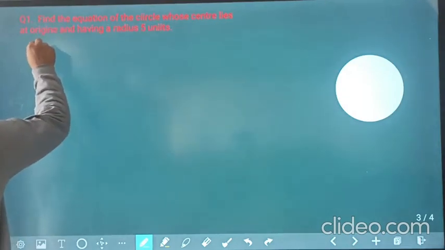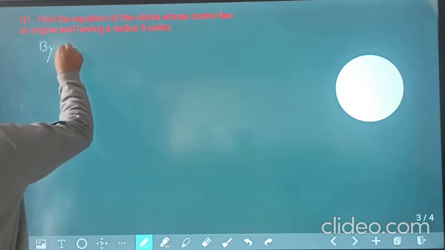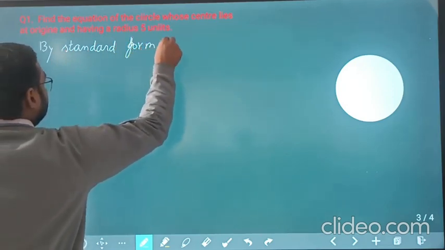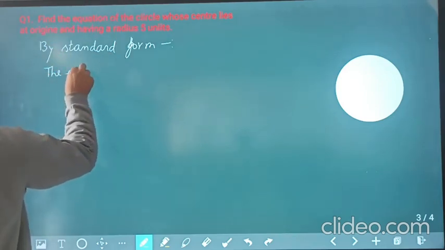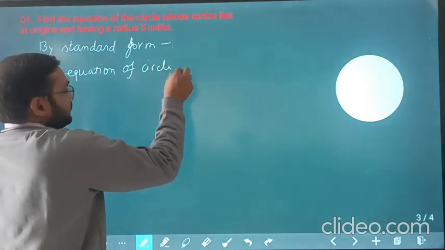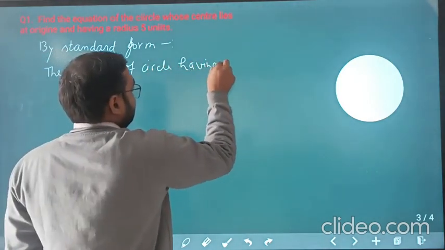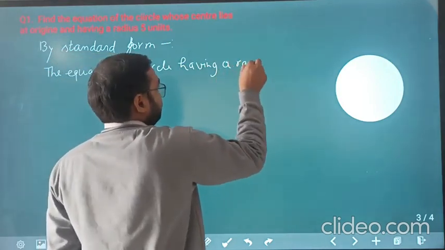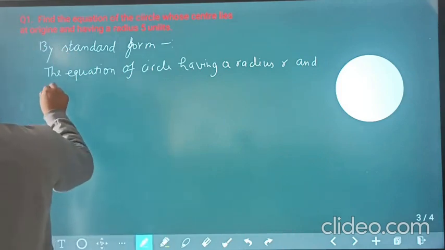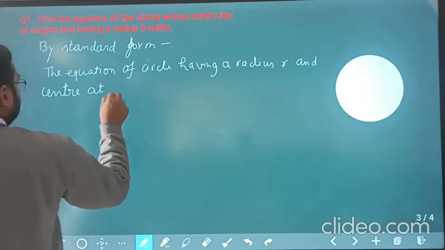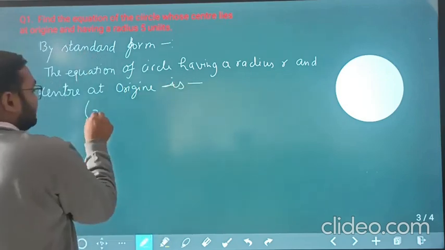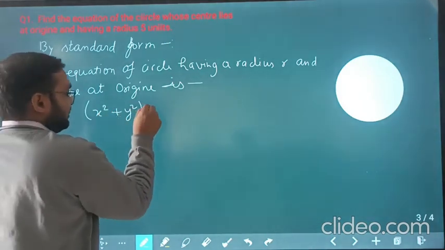So by the standard form, the equation of a circle having radius r and center at origin is x square plus y square is equal to r square.